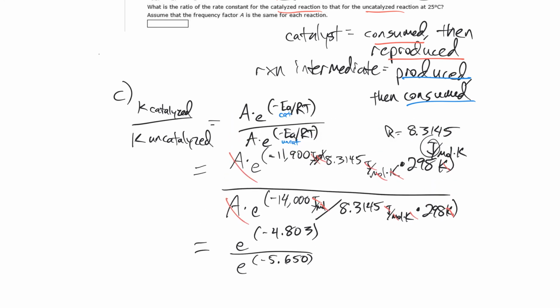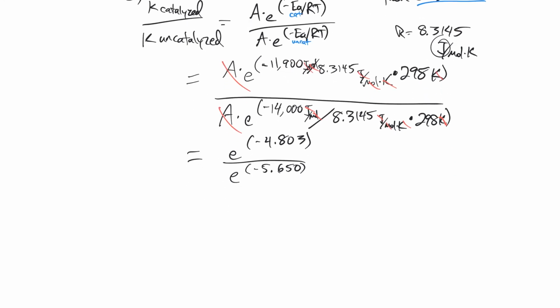You could just pull out your calculator at this point and crunch those numbers, or you could say, okay, I see that we've got a negative exponent in the denominator, and so mathematically, if I multiply by the reciprocal of the exponent in the denominator, you can bring it up to the numerator, and provided that you have the same base for that exponent, you can just add the two exponents together.